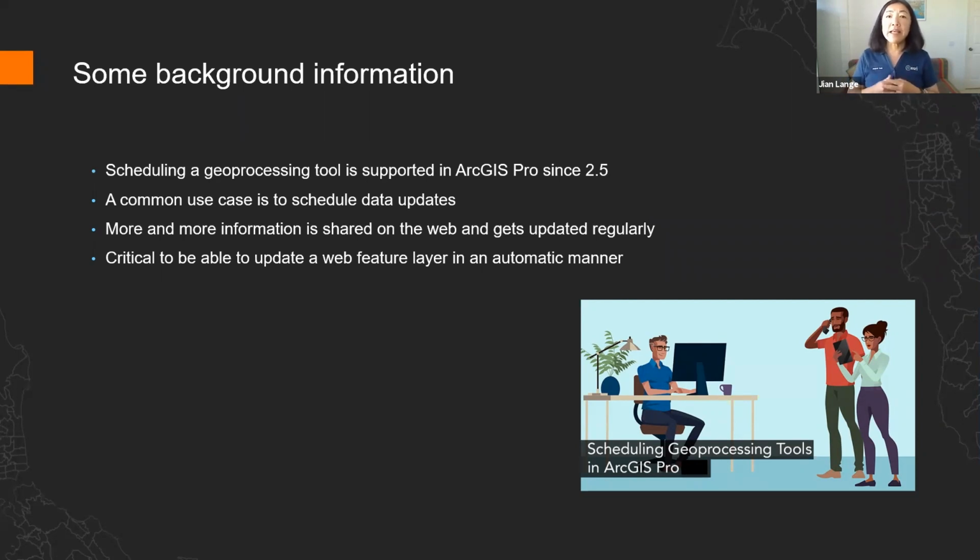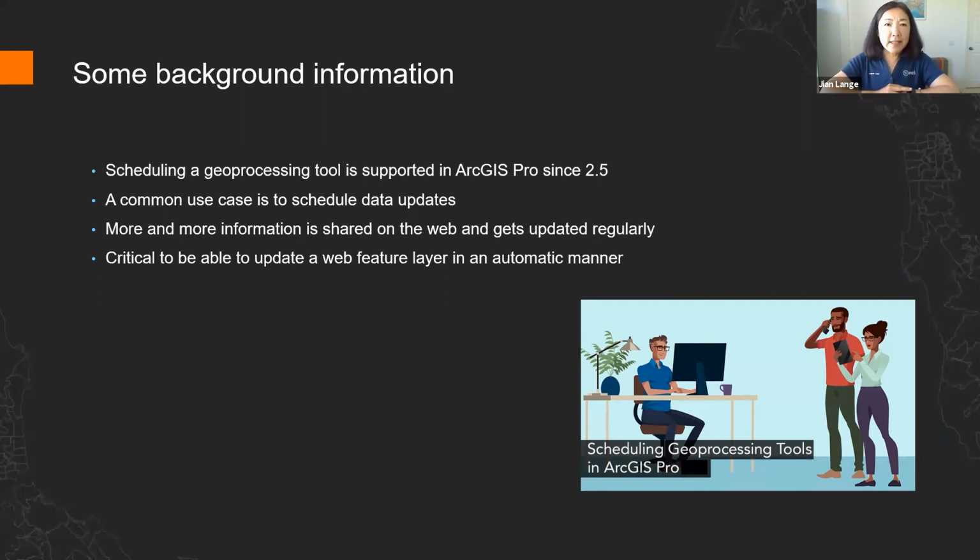Since then, many users wrote to me and shared their use cases. It turns out that one of the most common use cases is to schedule data updates, specifically to update a web feature layer that is hosted in ArcGIS Online at a specific time, say every day at the end of the day when the new data is available.